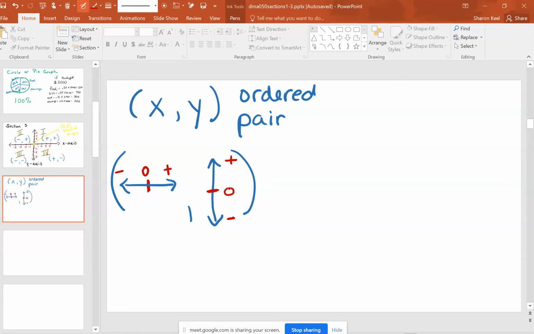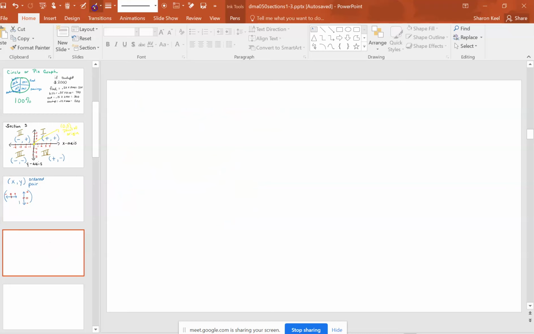So when we plot points, we're going to be looking at what is positive and negative as we may need to graph those. So let me do one more, and let's try graphing a couple of ordered pairs.